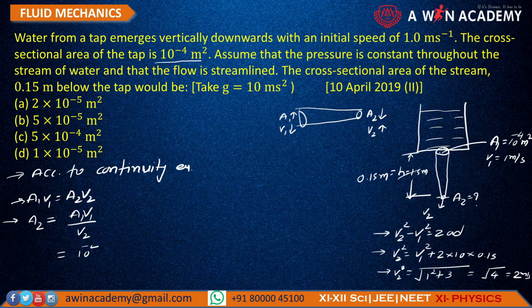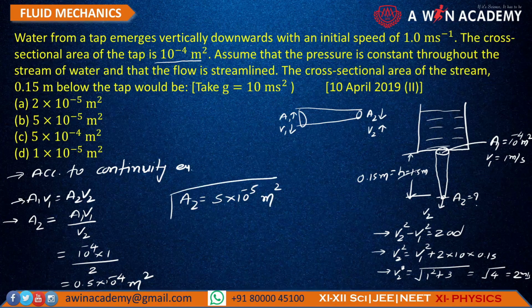A1 is 10 raised to minus 4, V1 is 1, and V2 is 2. So it will become 0.5 into 10 raised to minus 4 meter square. And if you simplify more, then you will get 5 into 10 raised to minus 5 meter square. This is the correct answer.